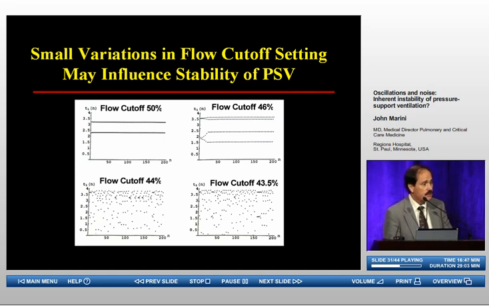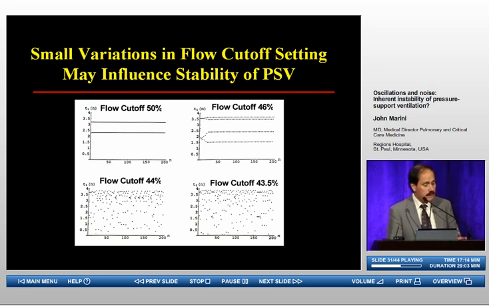Small variations in the flow cutoff as well, not only mask leak, may influence the stability of pressure support ventilation. The flow cutoff of 50%, 46%, 44%, 43.5% result in greatly different inspiratory times. This is inspiratory time on the vertical axis, and this is the number of cycles on the horizontal axis.